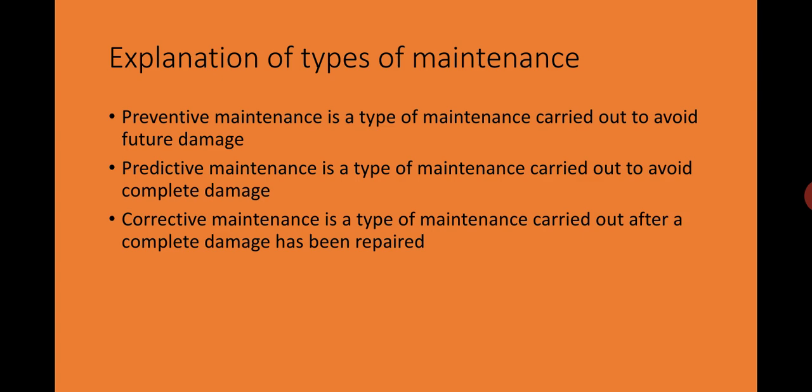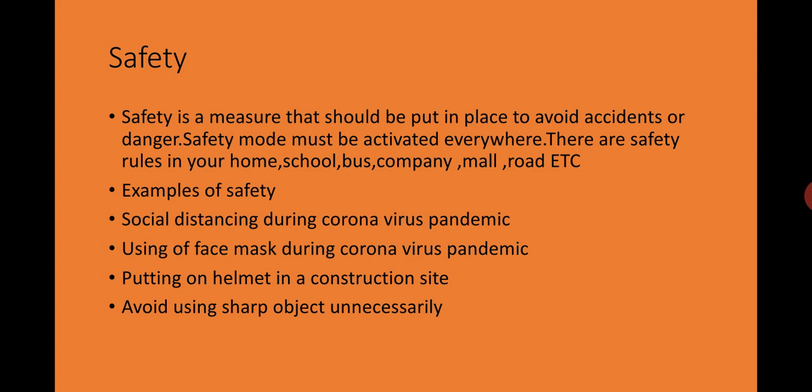That is what we call corrective maintenance. Likewise, we should do corrective maintenance to our assets and our things to avoid second damage. Corrective maintenance is a type of maintenance carried out after a complete damage has been what? Repaired.